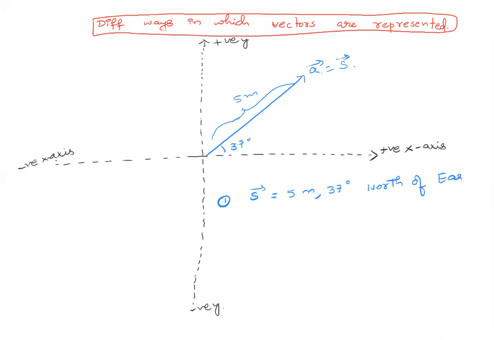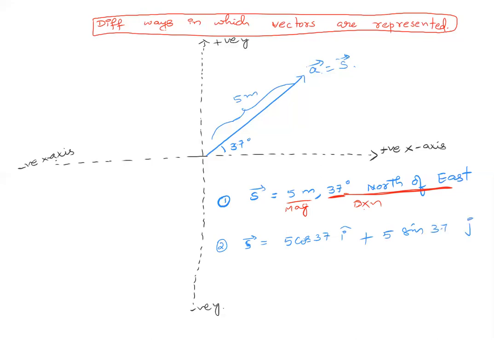This is one way of representing this vector, where the number 5 indicates magnitude and 37 north of east indicates direction. And the second way: if I am representing displacement s bar, I can write it as 5 cos 37 i cap plus 5 sin 37 j cap.